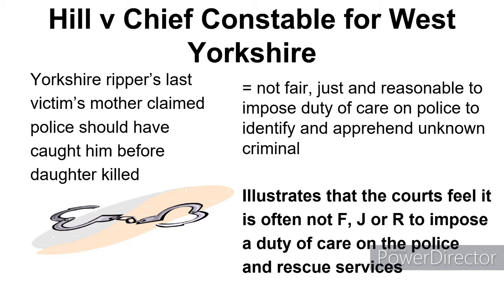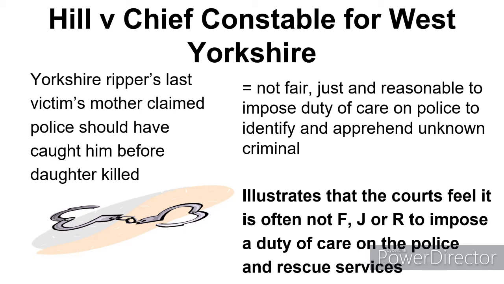There was a lot of evidence that the police did not conduct the investigation well, that they were careless, even incompetent, one could claim. However, the courts held that it would not be fair, just and reasonable to impose a duty of care on the police to catch an unknown criminal.